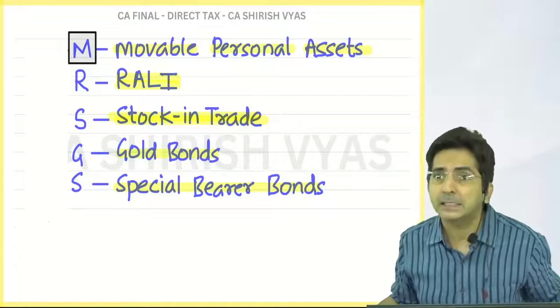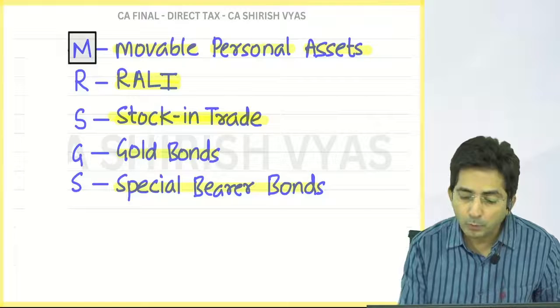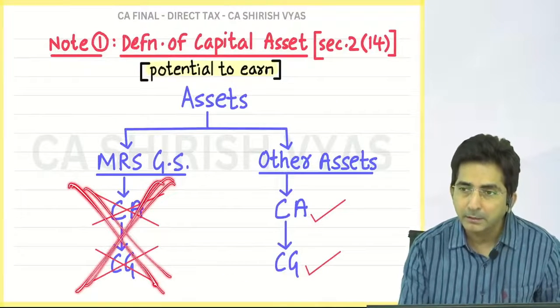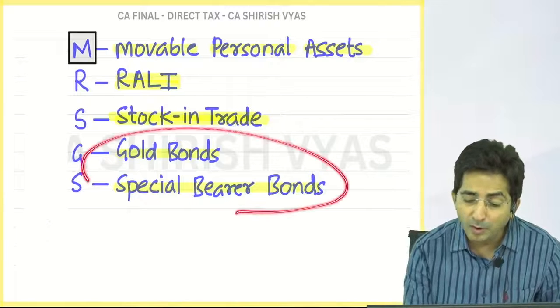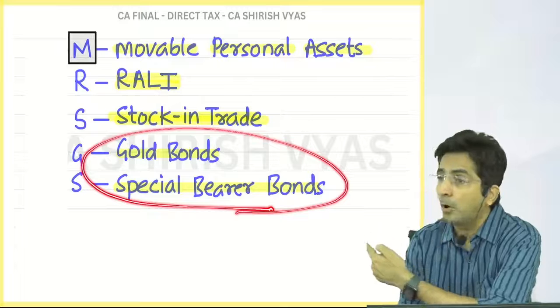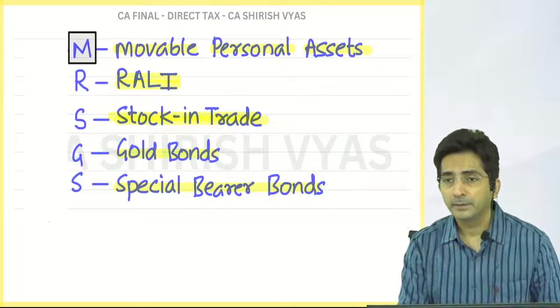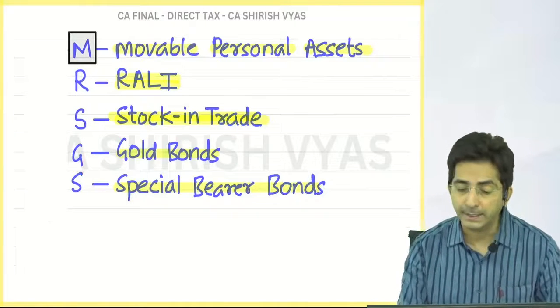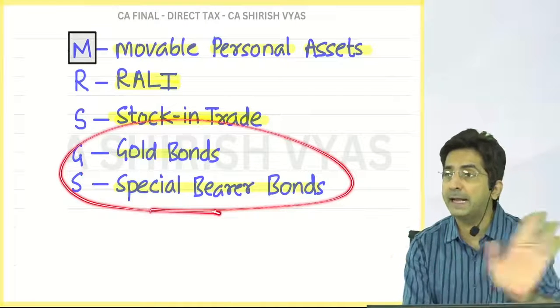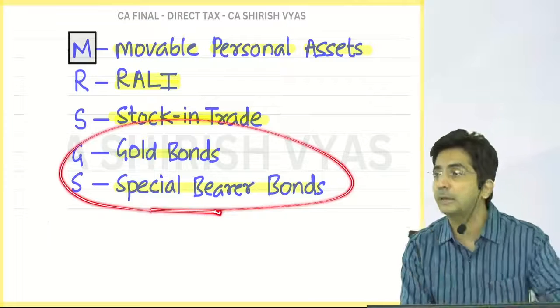It's a capital asset. But you know why these bonds are not treated as a capital asset? Because they are government bonds, and government wants to make the bonds attractive. Purposely government has said that these items will not be regarded as capital asset, exempt from capital gains.